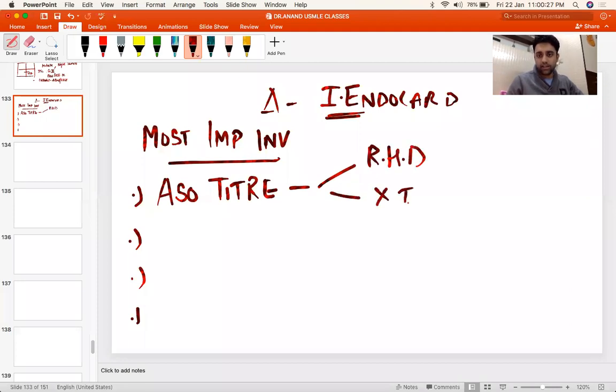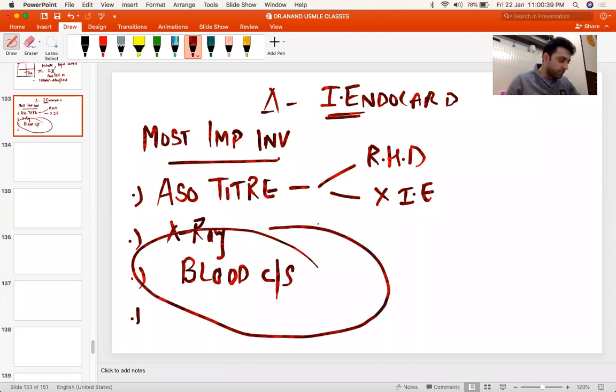It will not tell us regarding the infective endocarditis, right? Next option, chest X-ray. And the last option, we have blood culture. So blood culture, of course, will be the best answer. The child is having a congenital heart disease, and now it's landing up into infective endocarditis. That will be the best answer.